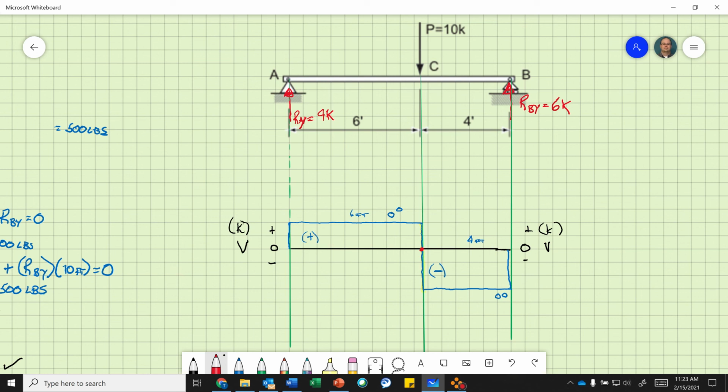So if I look here, my maximum shear, and what I'd like to see, this is -6, and then this is 4. This points where it changes magnitude. So I am going to design this beam for 6 kips of shear. It's a negative shear, that means it's breaking the other way, but this is the largest magnitude. So there, I just found my maximum shear force.